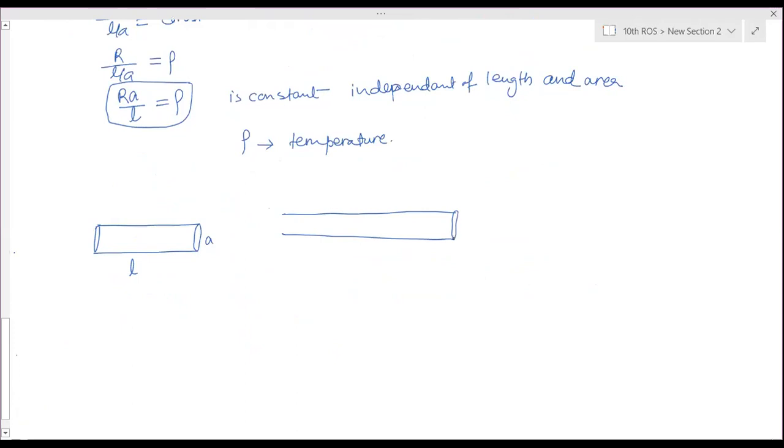Three conductors have been given. In such cases, find the ratio of resistance and resistivity.